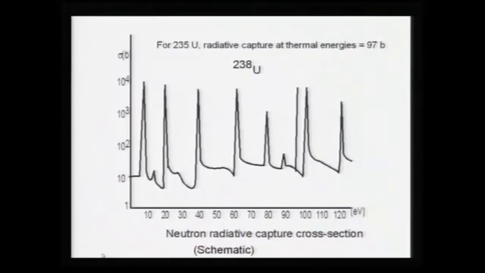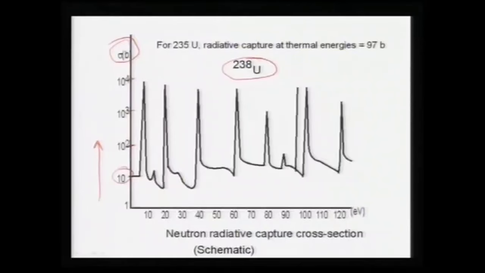Here what we are showing is the neutron radiative capture cross section, and this diagram is for uranium 238. On the vertical side we have cross section sigma, again in barn, on a logarithmic scale. So, 1 and then here 10, then here 10 power 2, that is 100 barns, this is 1000 barns, this is 10,000 barns, and so on.